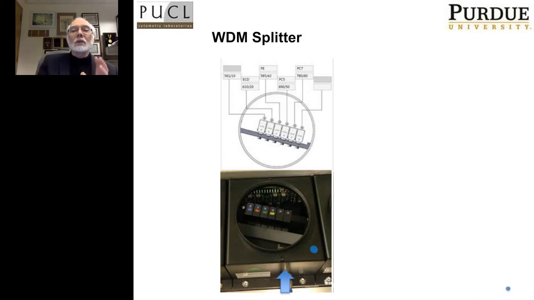So let's look at one of those WDM blocks. On the bottom of this, you see the actual block, and at the bottom of that, you see a blue arrow. I'm just indicating in this one that the blue laser light is coming into this block. And inside the middle of that block, if you notice, there are some smaller blocks that have colors on them.